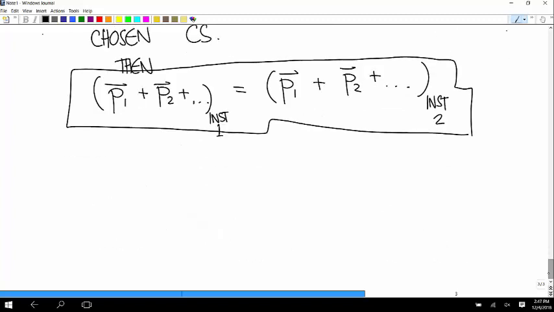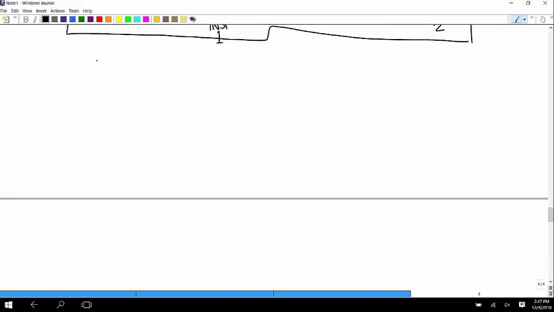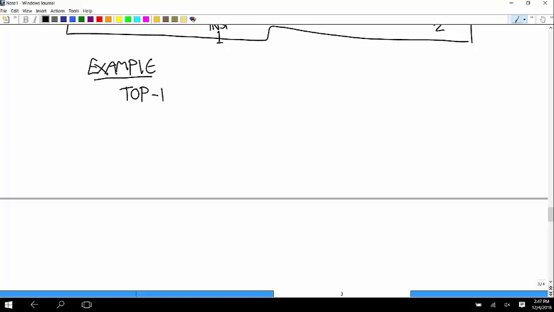Okay, so let me do an example. Let's take a top-down view of this problem.